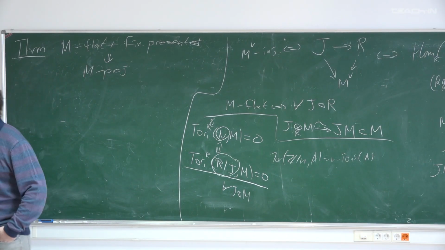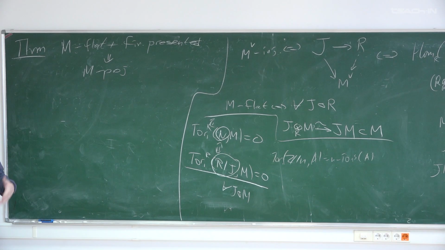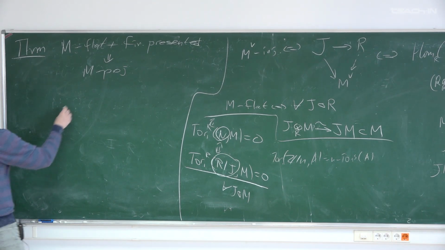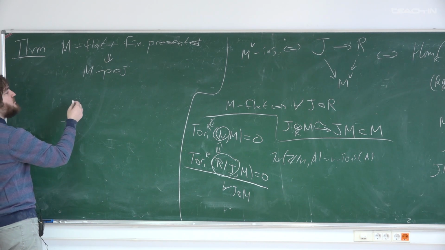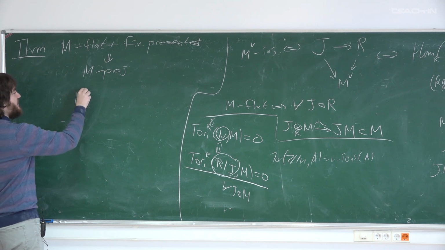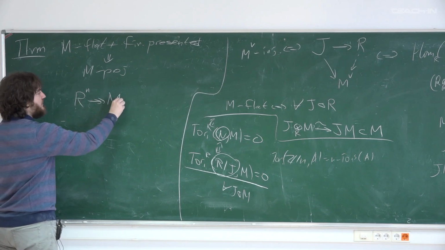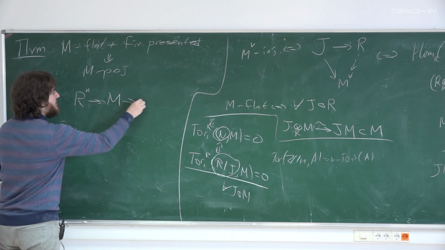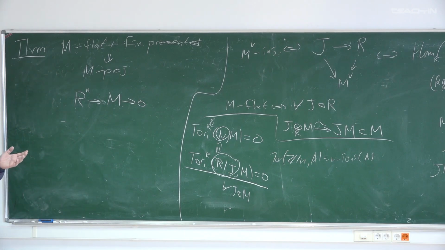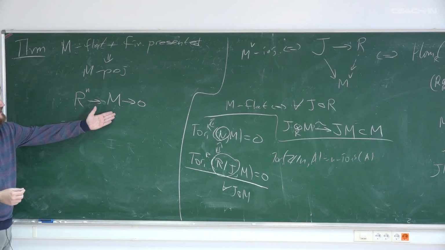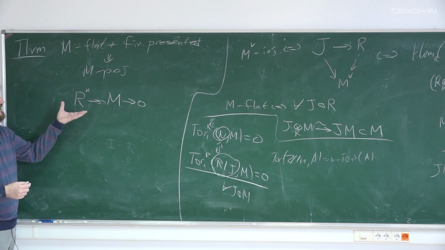Finitely presented means that it's finitely generated, with finitely many generators and finitely many relations. So what does it mean that M is finitely generated? It means that we have a surjection from a finitely generated free module to our M, because choosing finitely many generators is the same thing as choosing a surjection from a free module.